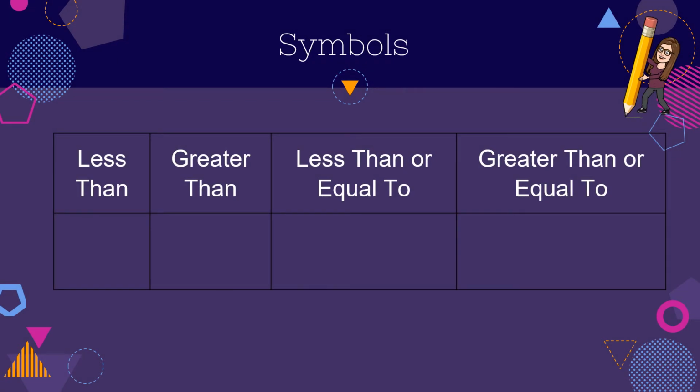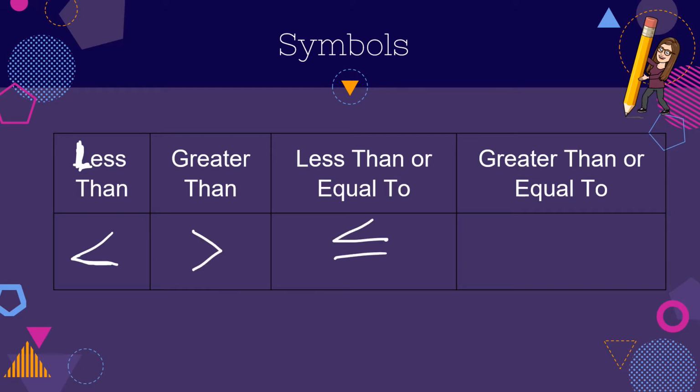In your notes sheet or on your own notebook paper, let's take some notes. To start off, let's talk about the symbols. Less than. The best way to remember less than is it points left. That L sound is going to help you remember. Greater than is the opposite.